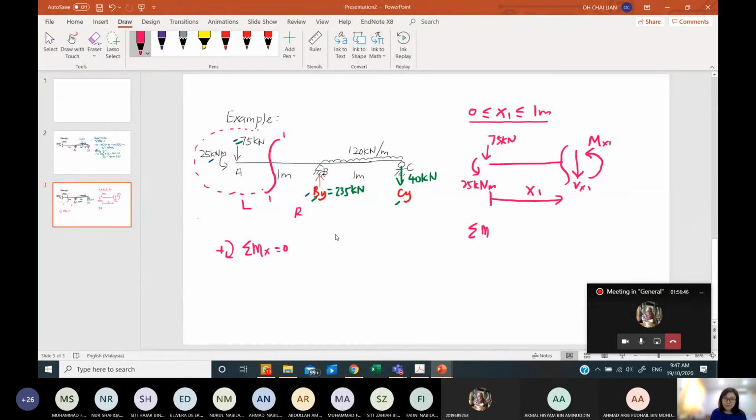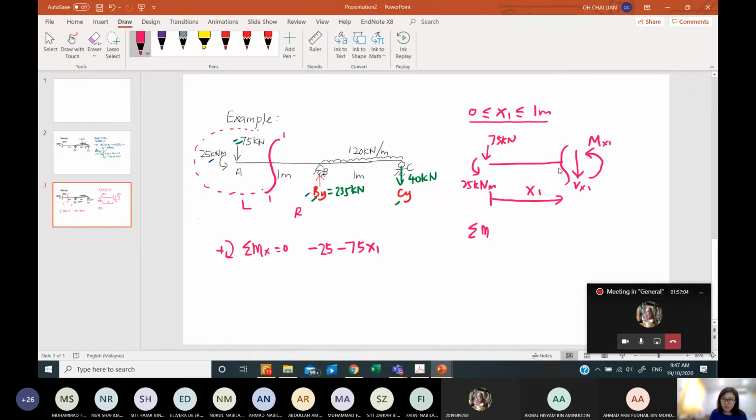The 25 kilonewton meter will be negative 25 because it is counterclockwise, and the 75 will also be counterclockwise, and the distance to X1 is X1.